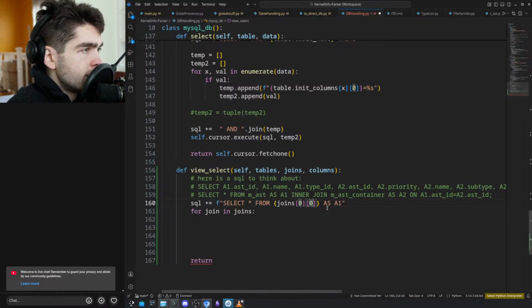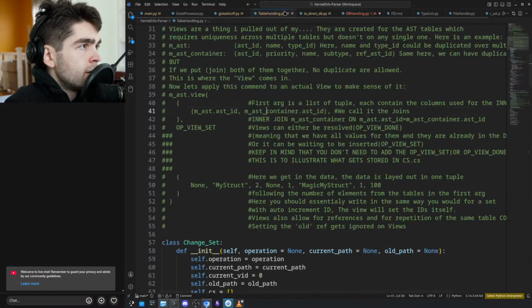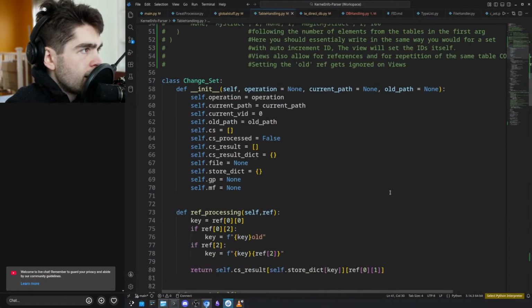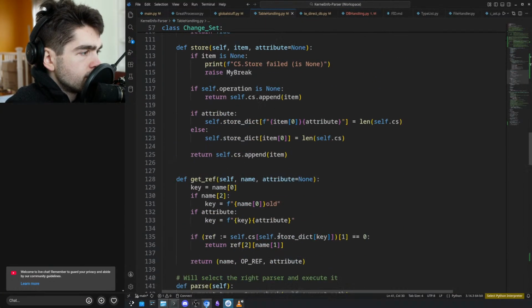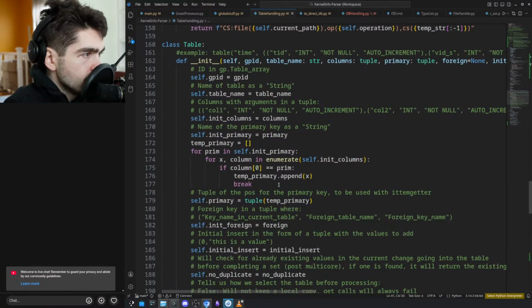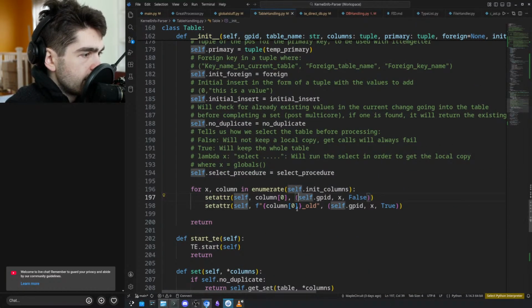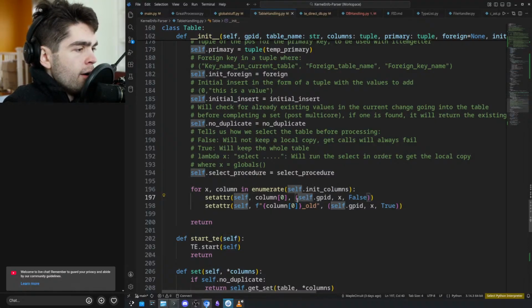So now we are within the join. So let's go see how these items work. Okay, so it gives us a GP ID if we go on 0 again, which is what we want.